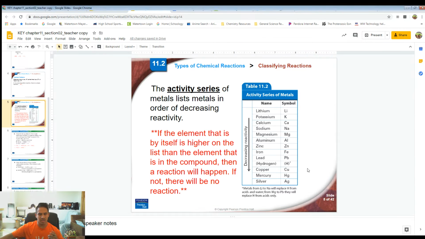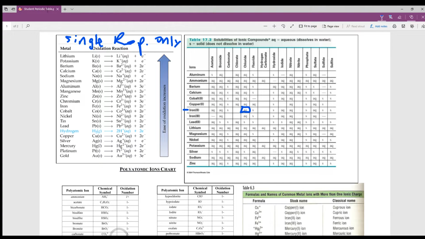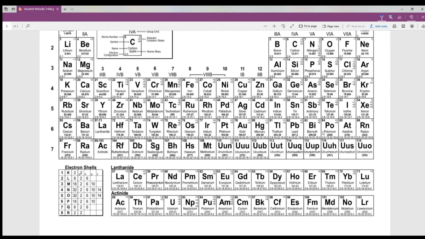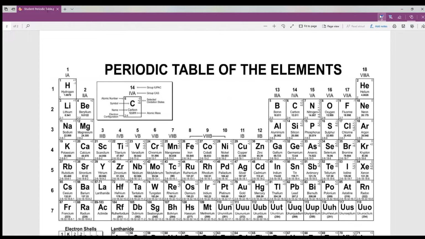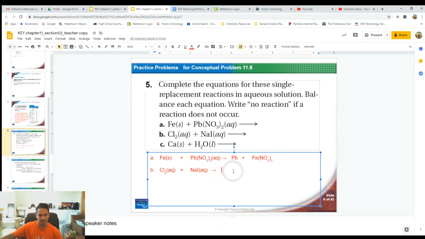Now, unfortunately, again, chlorine and iodine are not on the activity series, but typically on our periodic table, the higher the element is on the periodic table, the more reactive. Okay, so as we go down the columns, things get less reactive. So chlorine is higher than iodine is. Okay, which means that chlorine is going to have the ability to replace the iodine.